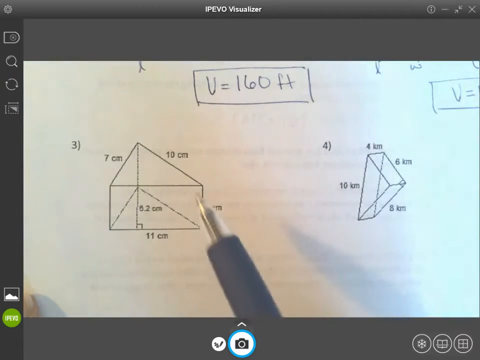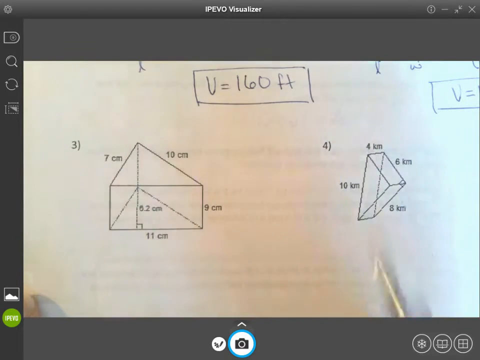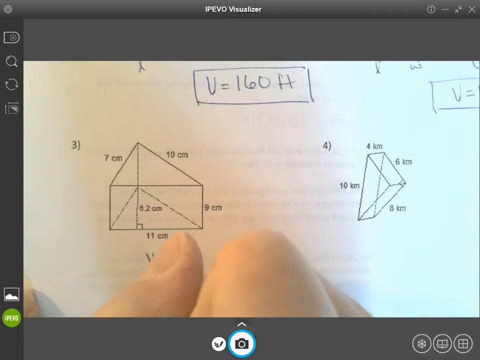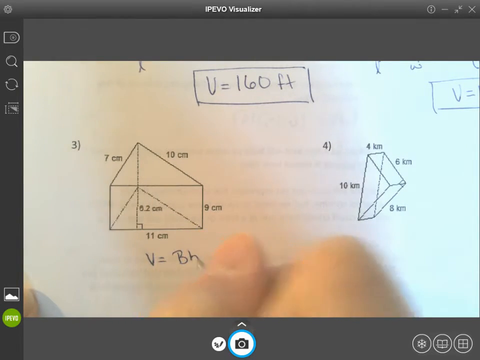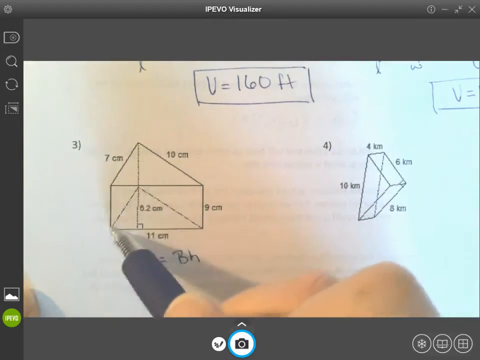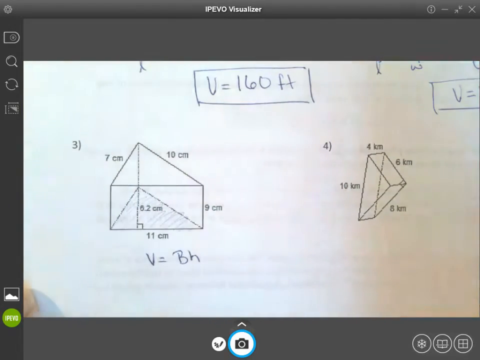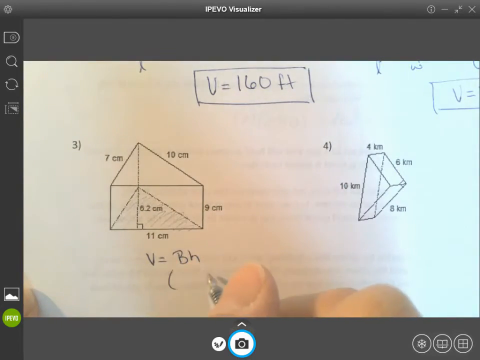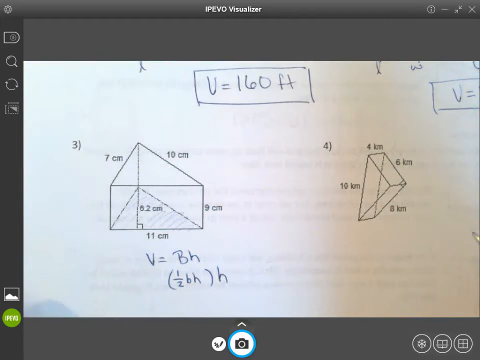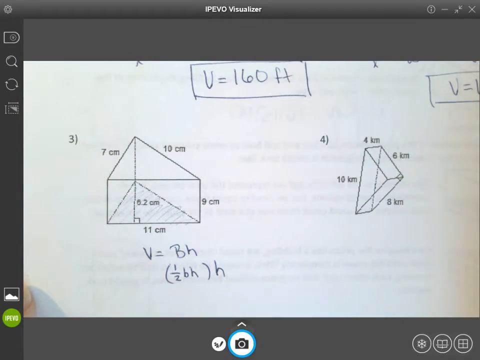All right, guys, this is not a cube, so I have to do it differently. If we're talking about volume and it's area of base times height, what's the base of this figure? It's a triangle, right? So if it's a triangular base, isn't the area of the base half the base times height? Notice we're using the term base twice.